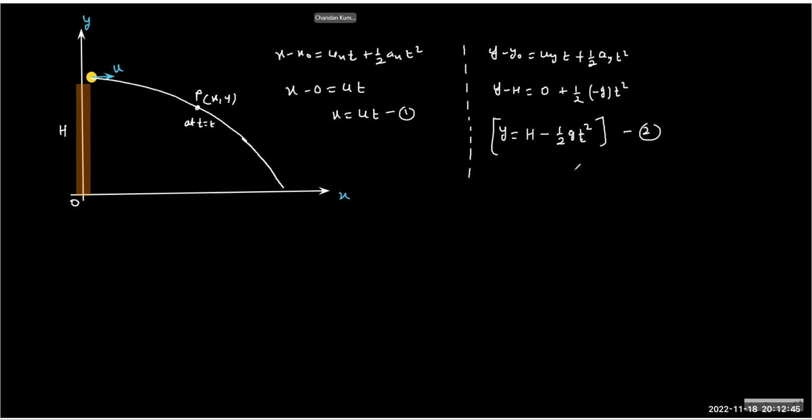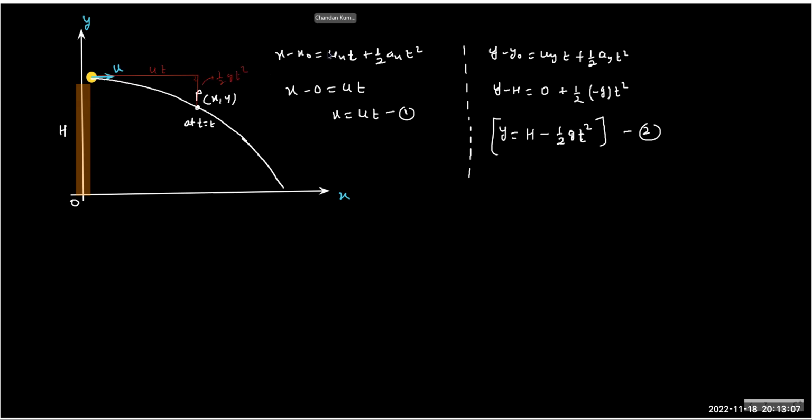I mean, there is no need to do all this calculation, but this is the way of doing it. You could have done simply that in time t, you will travel ut forward, that's it. And gravity will pull you downward with half gt square. If you remember the relation which I discussed last. So this is ut and this length is half gt square.